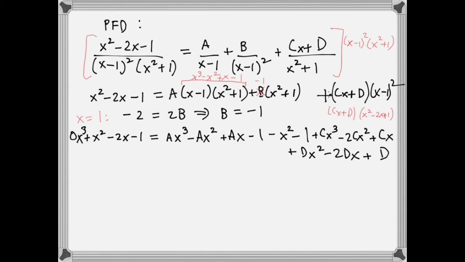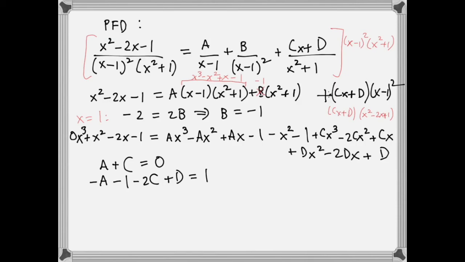So here's what we know then. If we go by equating left and right, if I look at just the cube terms, I have A plus C is equal to 0. Those are my cubes. Now if I look at my squares, I have negative A minus 1 minus 2C plus D is equal to 1, right?